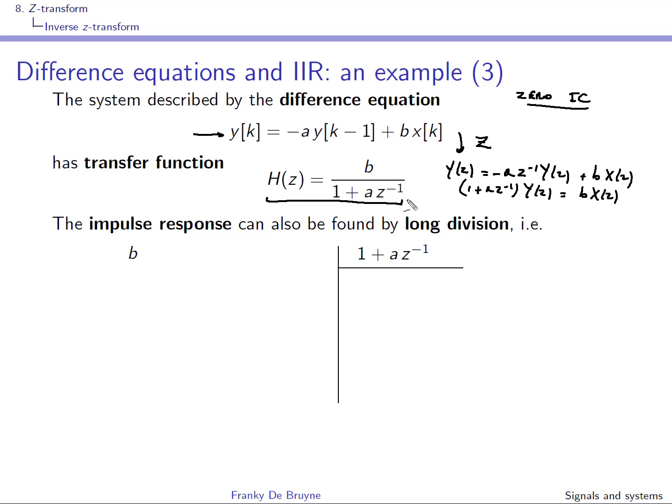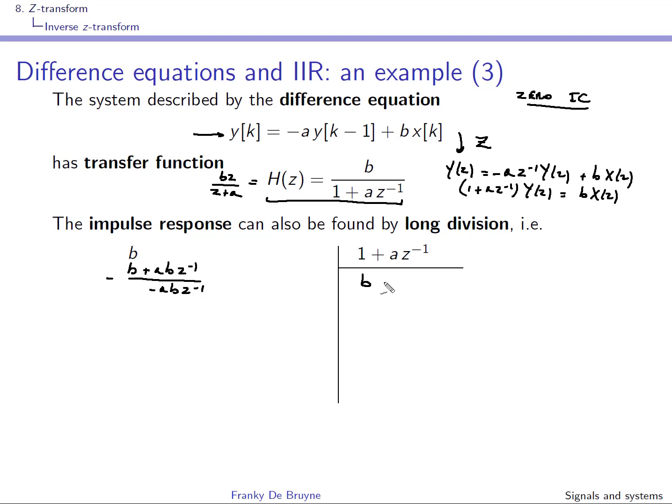You will see that in the next slide we work with the variable z, because this transfer function you can also write as bz over z plus a, right? So here we work with the variable z to the minus 1, and we see that if we simply take b here and multiply by this one, we have b plus ab z to the minus 1. We subtract and we have minus ab z to the minus 1.